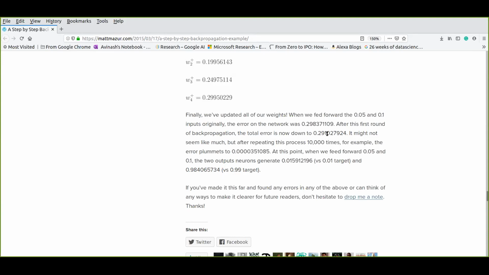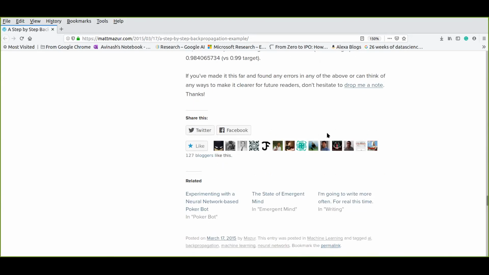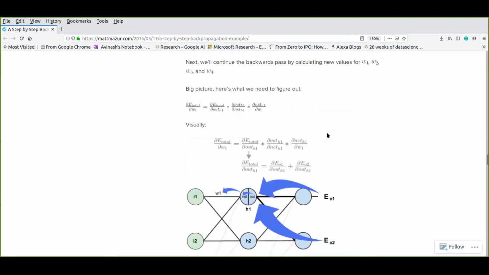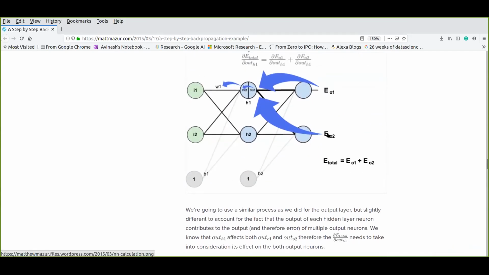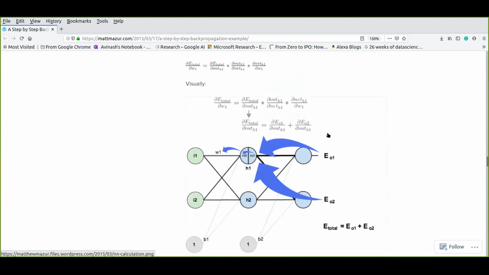So when you repeat this a number of times, that's how your error and loss function keeps decreasing, and you have to repeat it for as many steps as required. I hope this blog at least helped you to visualize how backpropagation works. I think I'll stop here now to take any questions or discussions.